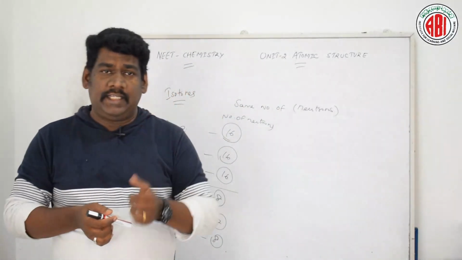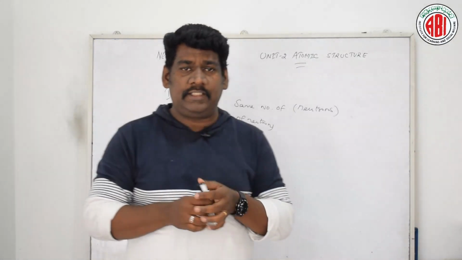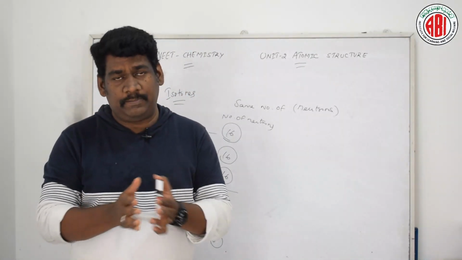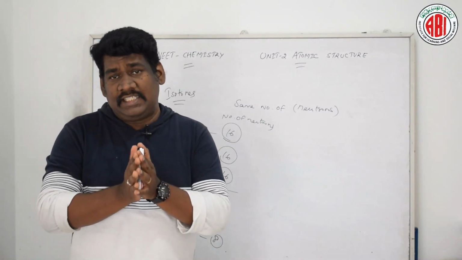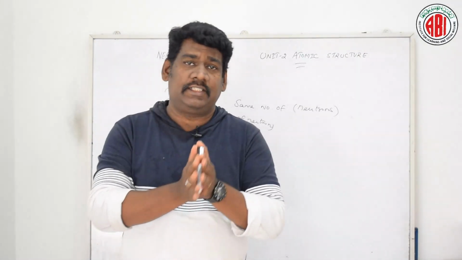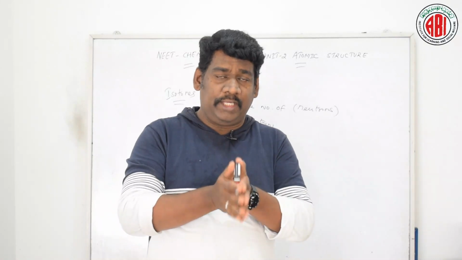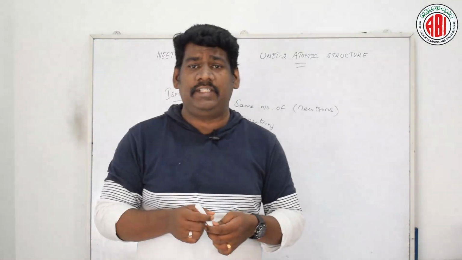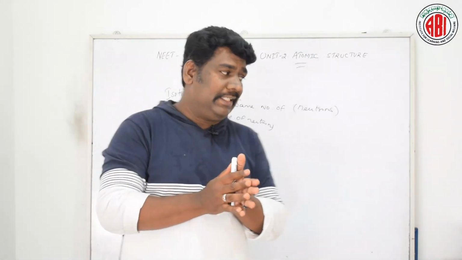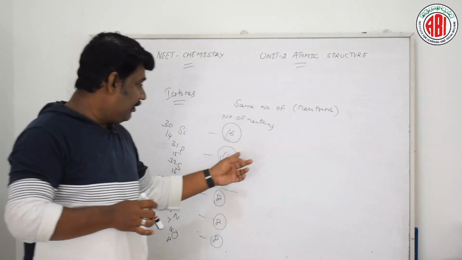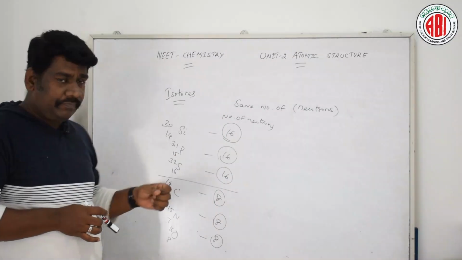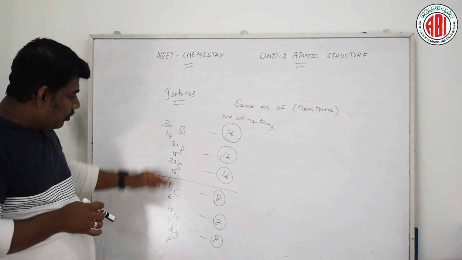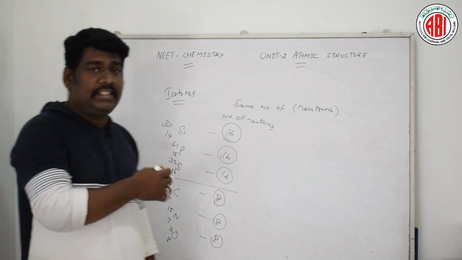Isobars have different numbers of protons as well as neutrons, but the same sum of protons and neutrons. Isotones have the same number of neutrons, but they differ in the number of protons. They differ in mass number. So these are the two different categories of isotones.